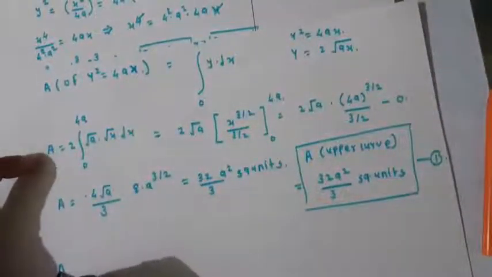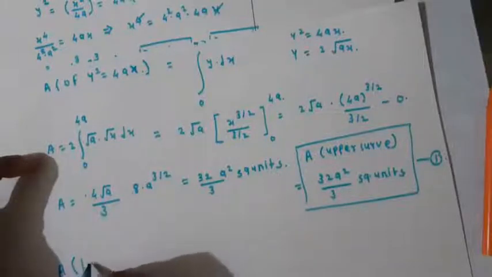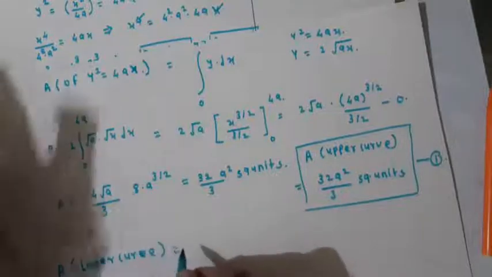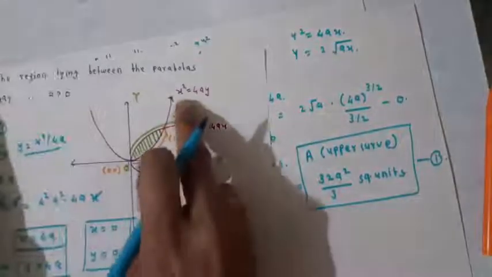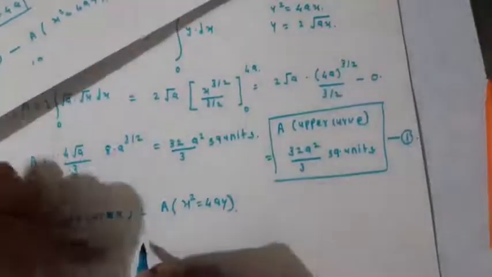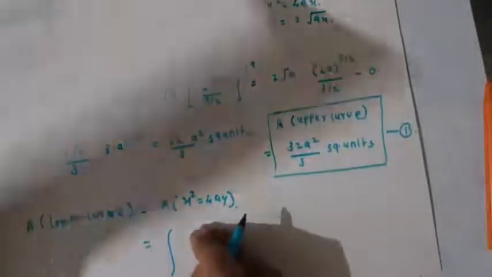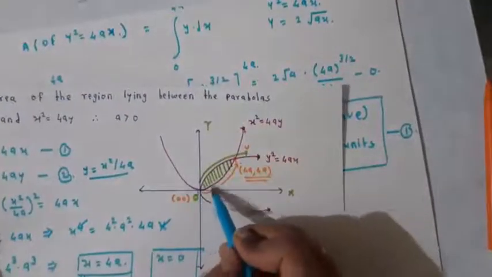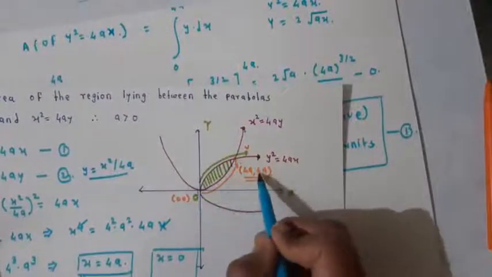Now the area of the lower curve. The lower curve is x square equal to 4ay. This is the area of the parabola x square equal to 4ay. Okay, and we can find out this area, as here also the limits of integration for the lower curve are 0 to 4a.